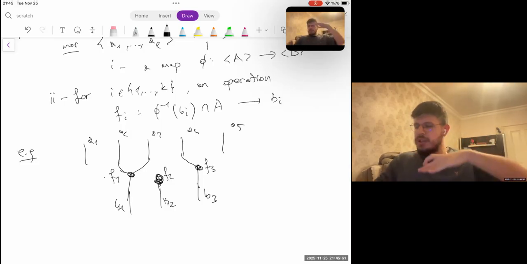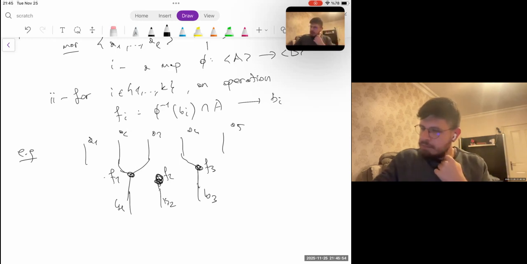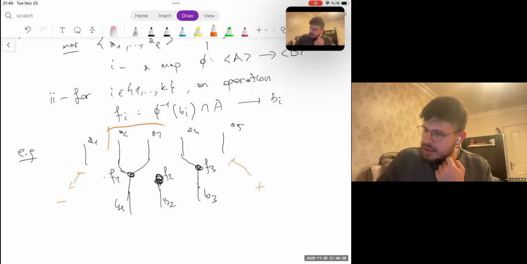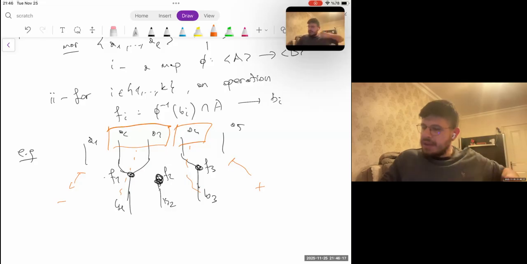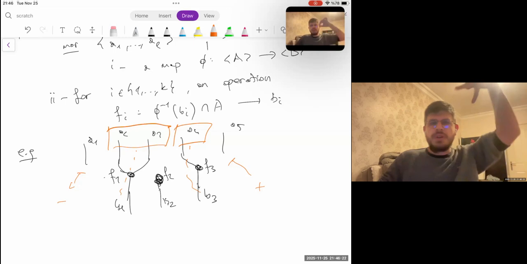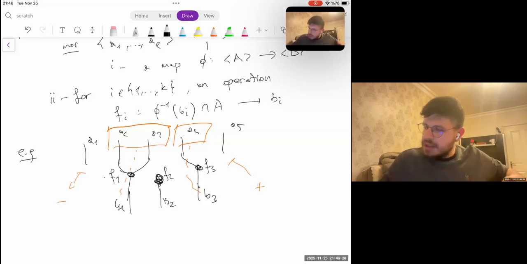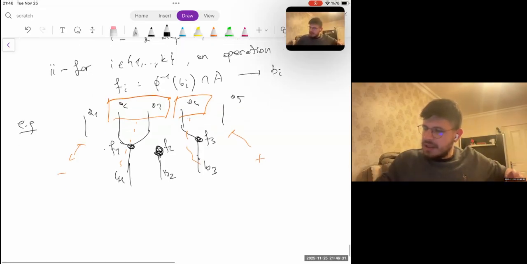The map between ordered sets which classifies this type of morphism maps this to the element minus and this to the element plus. A2 and A3 are mapped into B1, A4 is mapped into B3, and there is nothing mapping into B2, so we get an operation with no inputs on B2. This is the general idea, so I hope at least at the level of image this is clear.